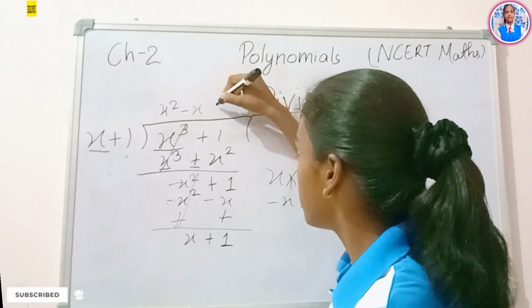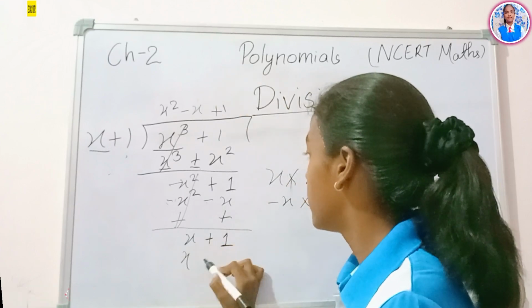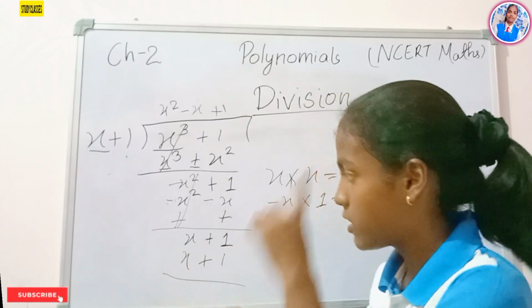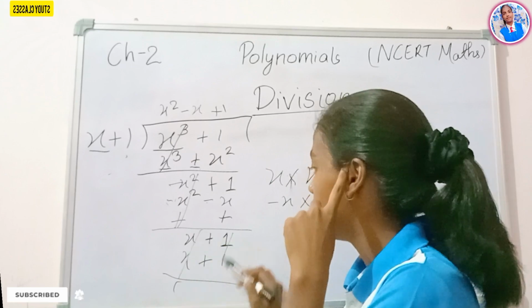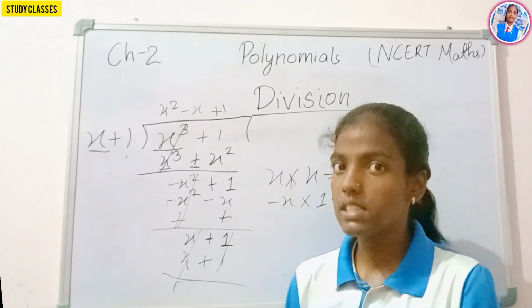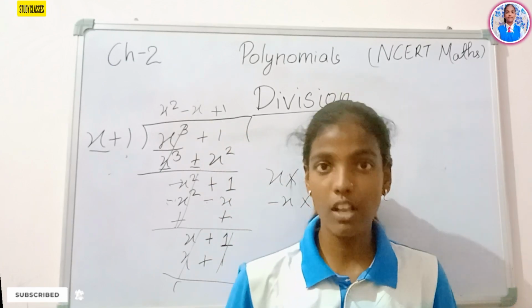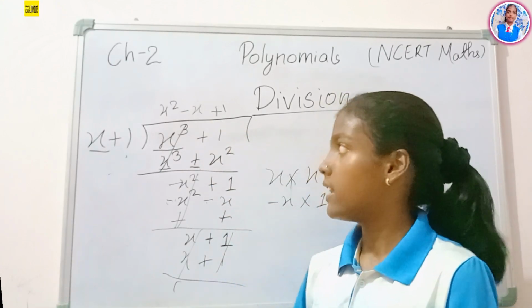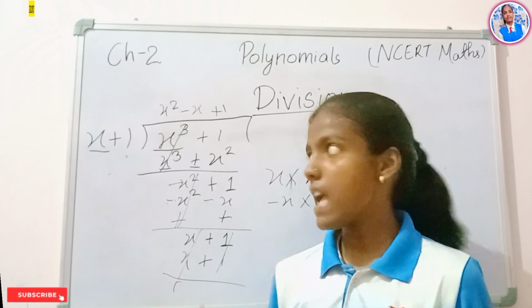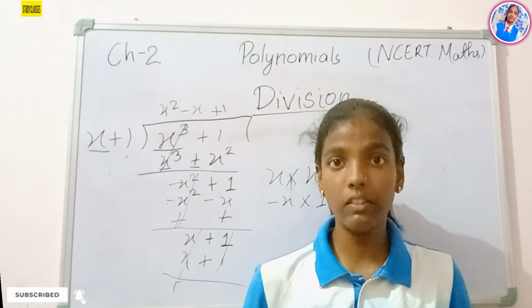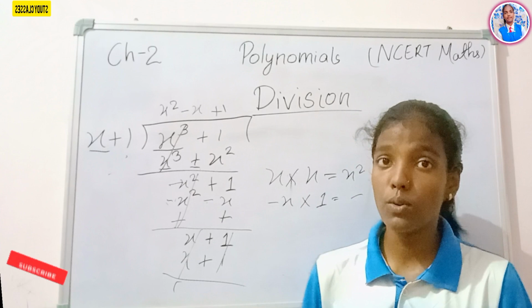So if we multiply x plus 1 by 1, we will get x plus 1 and this will get cancelled. So here you can see clearly that x square minus x plus 1 is the quotient, x plus 1 is the divisor, x cube plus 1 is the dividend, and here 0 is the remainder.